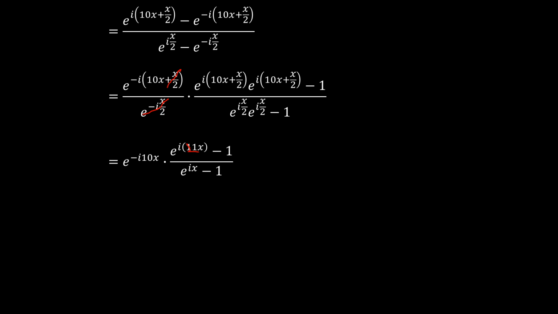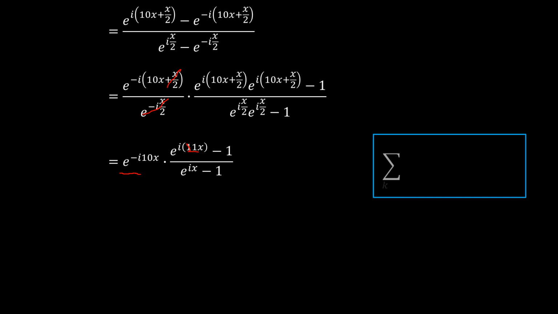So let's stop here for a moment and analyze this relationship. We have an initial e to the power negative i 10x, and then we have e to the power i 21x minus 1 over e to the power ix minus 1.